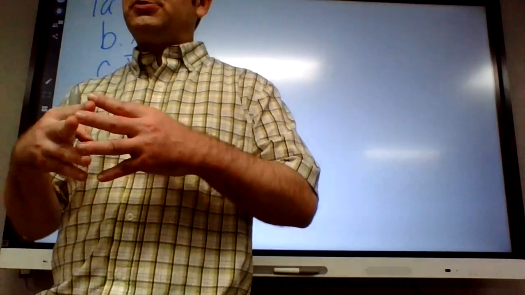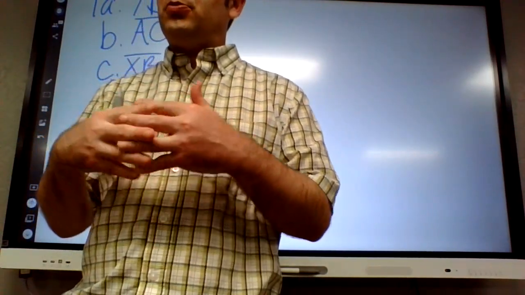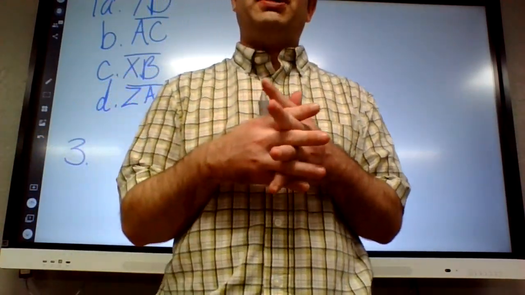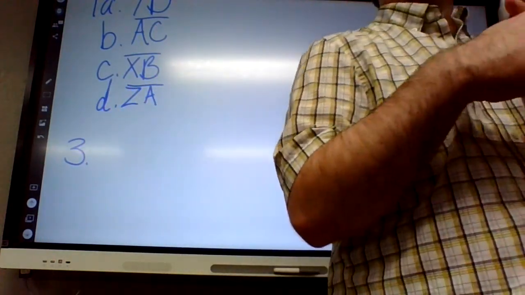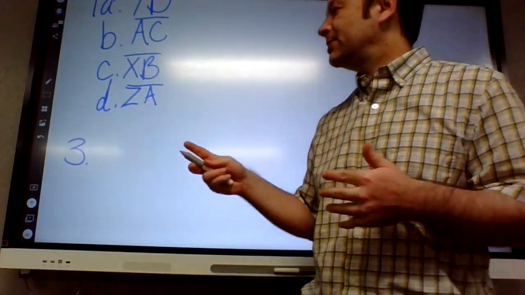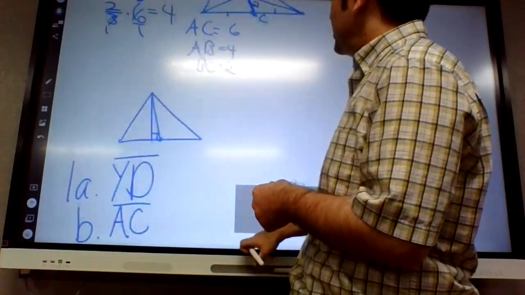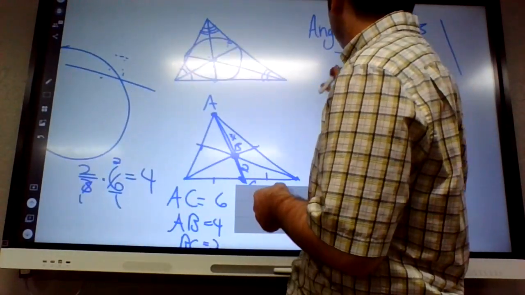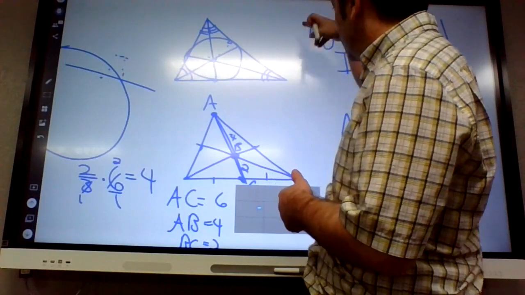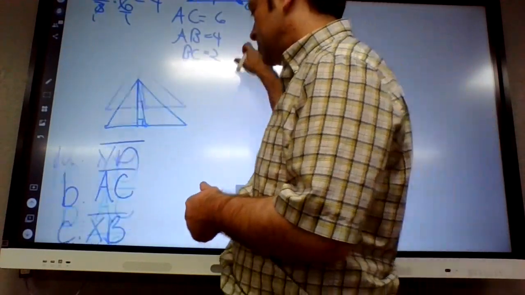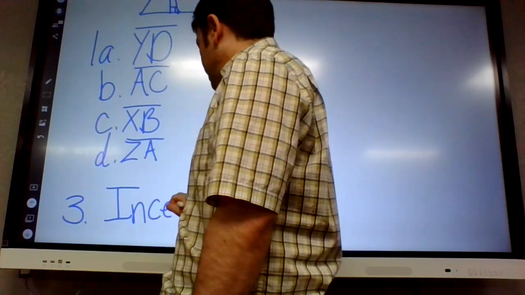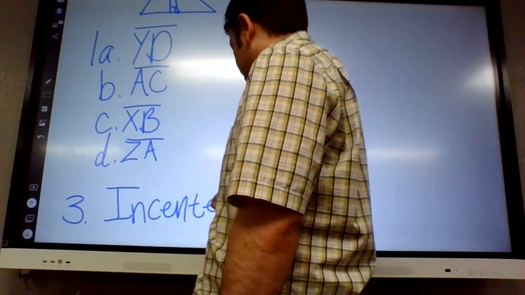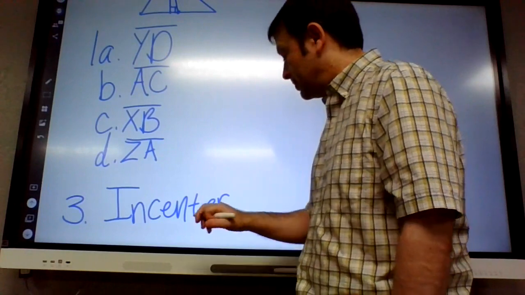Okay, the first question on number 3 is where point S is called the what? Yes, you guessed correct. Incenter. The angle bisectors met at the incenter. This is the first new thing for today. You don't have to draw a circle now, but there is a circle in there that it would be the center of.